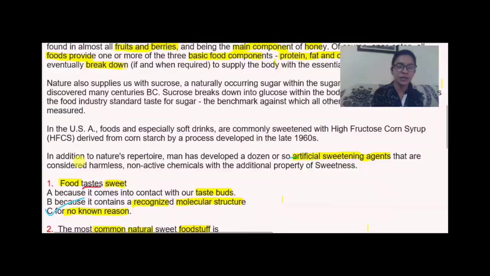In addition to nature's repertoire, man has developed a dozen or so artificial sweetening agents that are considered harmless. Artificial sweeteners are considered harmless and non-reactive chemicals with the additional property of sweetness.